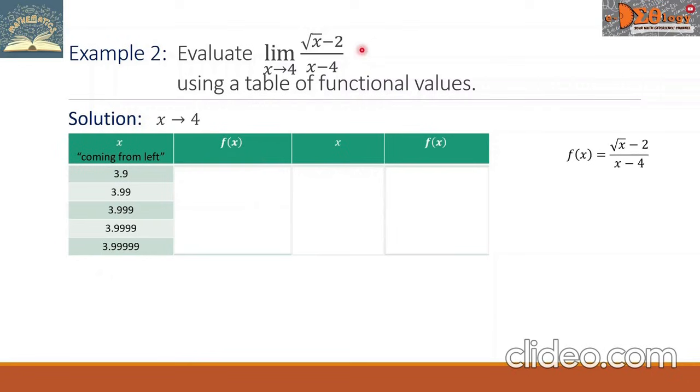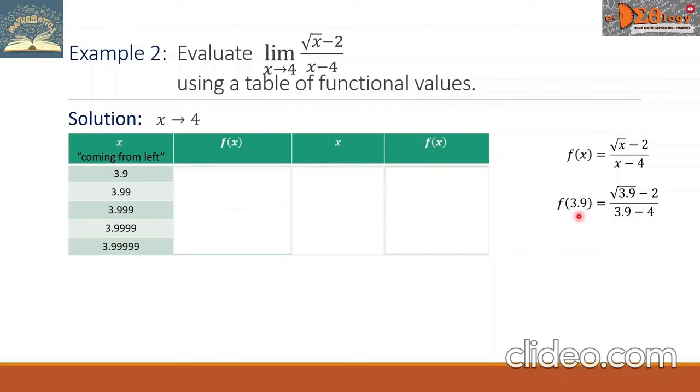That means our function, here it is, the square root of x minus 2 over x minus 4. Let us find the corresponding values of f of x. For example, we want to get the value of f of x when x equals 3.9. That means we evaluate f of 3.9. So that will be the square root of 3.9 minus 2 all over 3.9 minus 4.